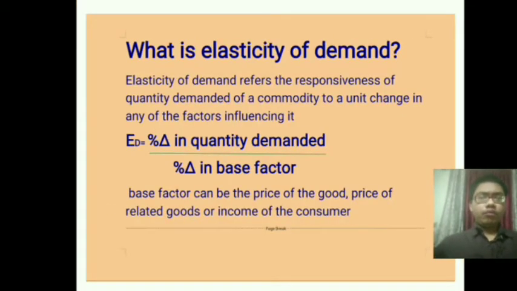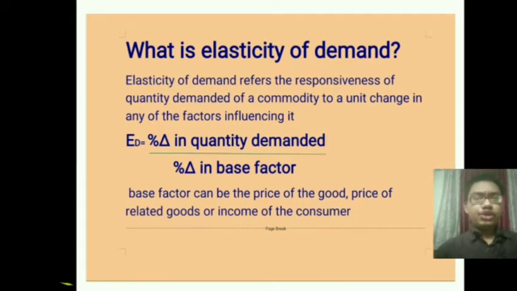First of all, what is elasticity of demand? Elasticity of demand refers to the measure of responsiveness of quantity demanded of a commodity to a unit change in any of the factors influencing it. Symbolically, it is given as percentage change in quantity demanded by percentage change in base factor.